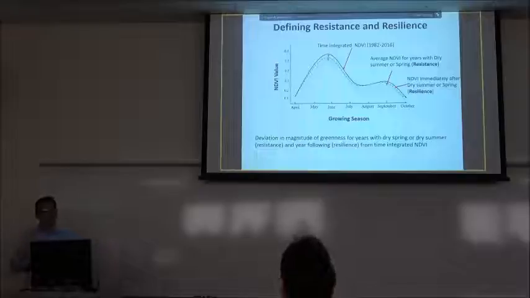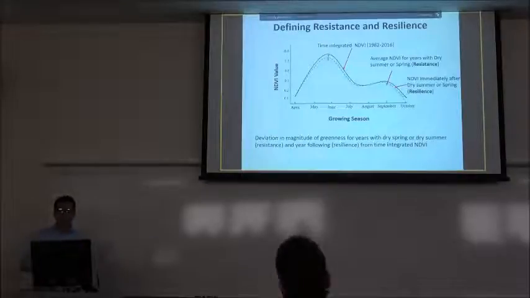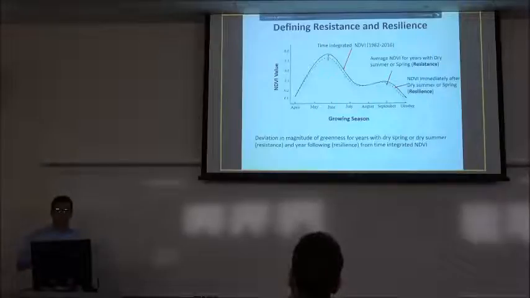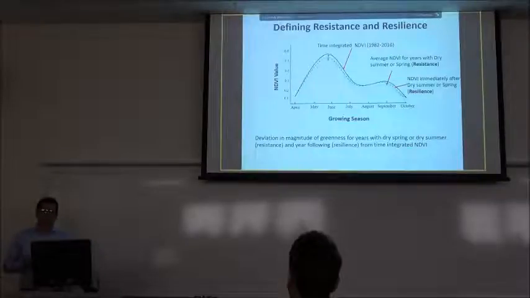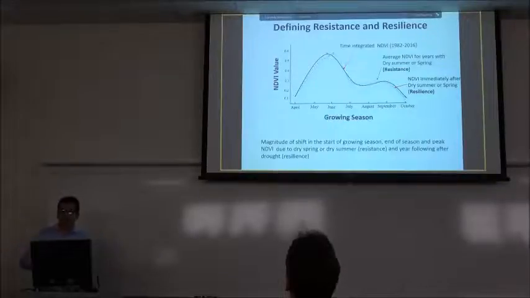The magnitude of difference between the time integrated NDVI and the average NDVI for the dry period will provide us the resistance, whereas the magnitude of difference between the time integrated NDVI and the NDVI immediately after the dry summer will provide us with the resilience. So in this way, we can find the resistance and resilience.